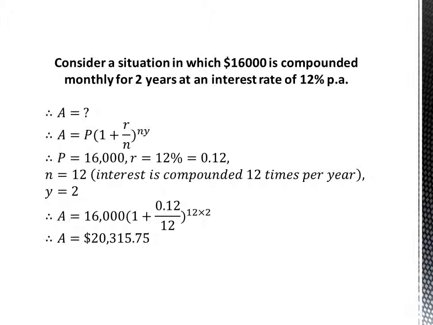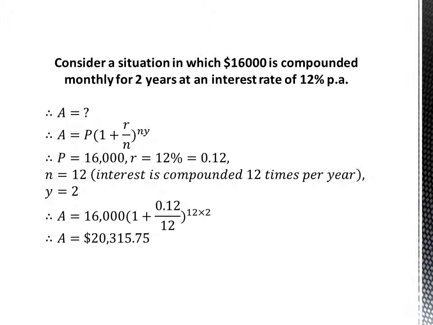Consider a situation in which $16,000 is compounded monthly for 2 years at an interest rate of 12% per annum. In this situation, we're trying to find the amount invested or loaned after y years, using the formula for compound interest when it is compounded more than once a year.